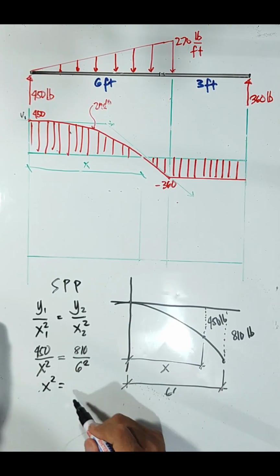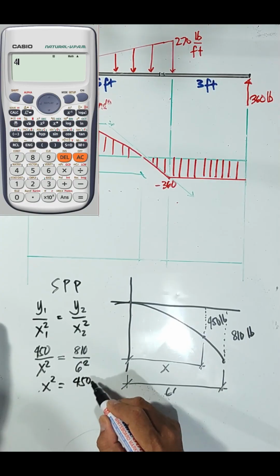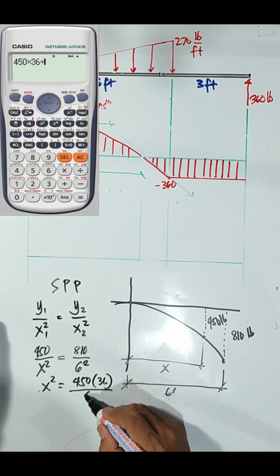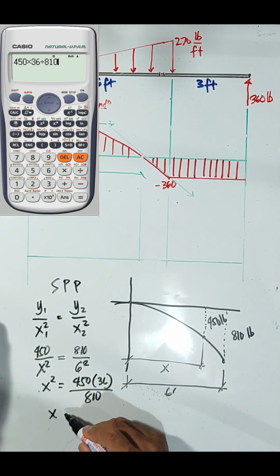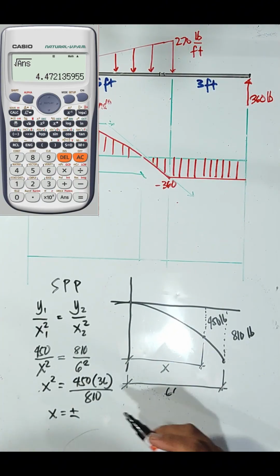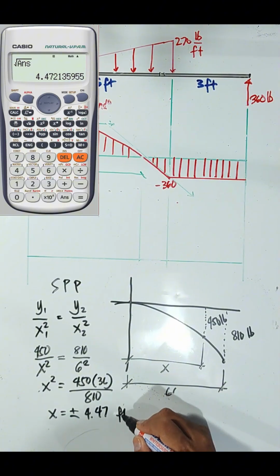So our x square is 450 times 6 square, which is 36, divided by 810. Then x will have two values, plus or minus 4.47 feet.